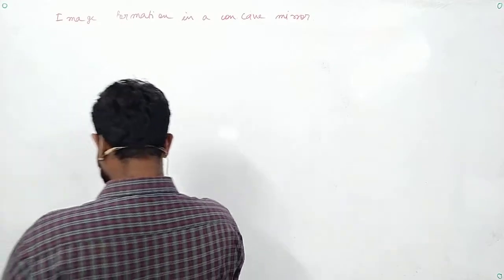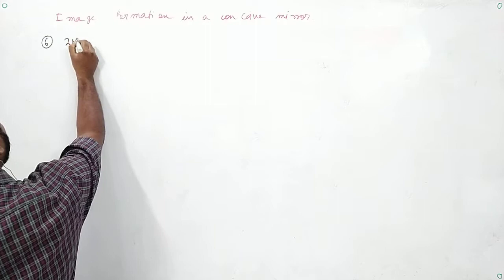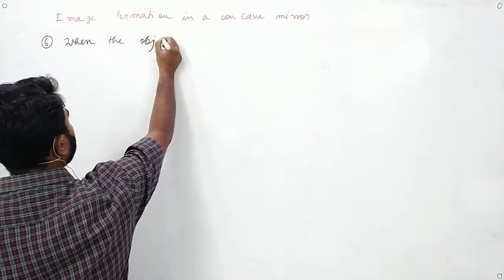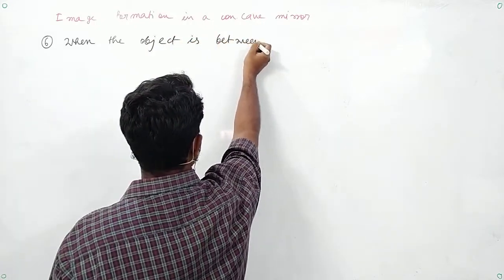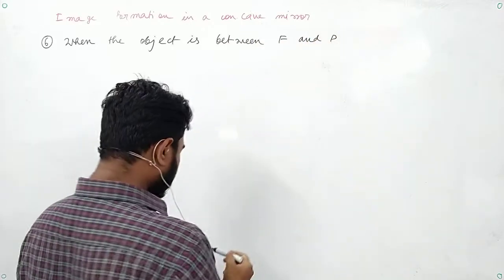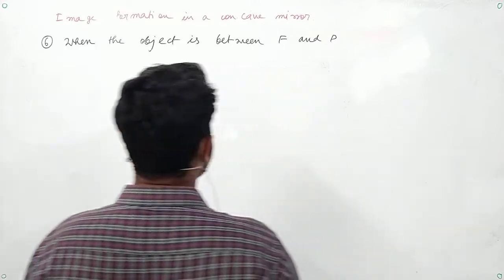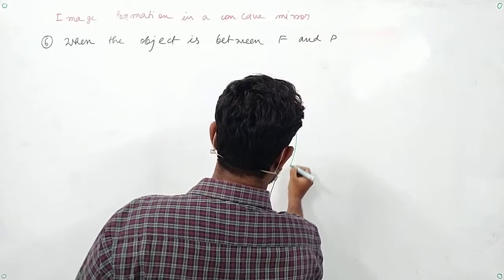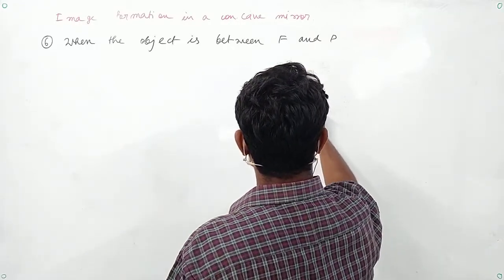Okay. Now next case, when the object is between F and P. Where is the object? The object is in between F and P. The first job is to draw the concave mirror.